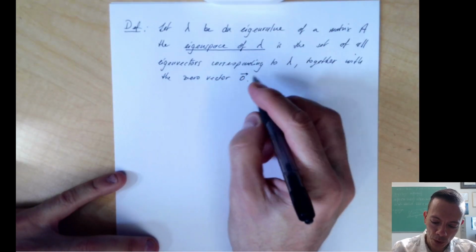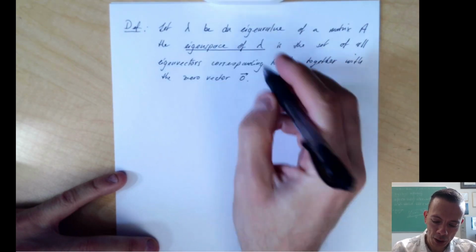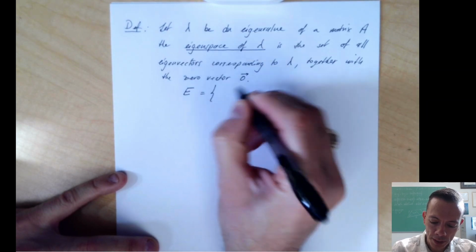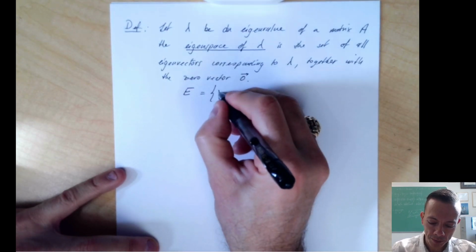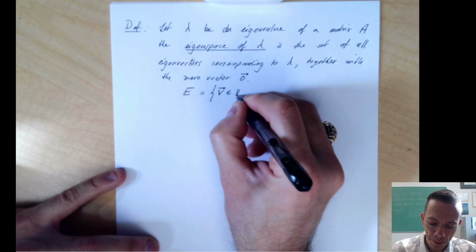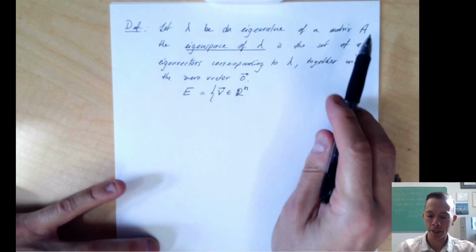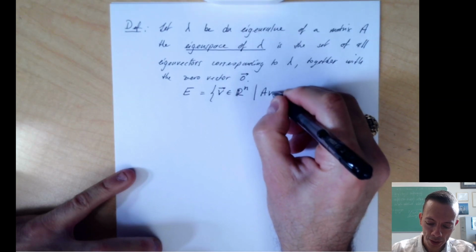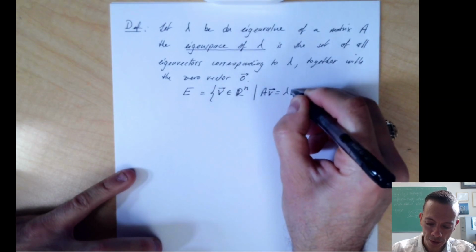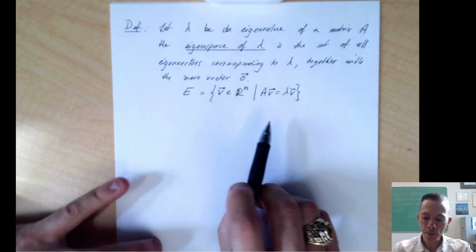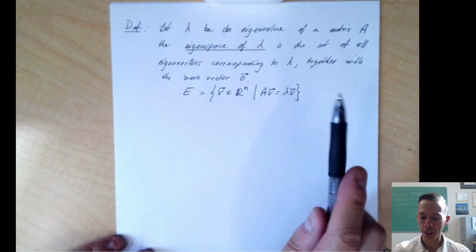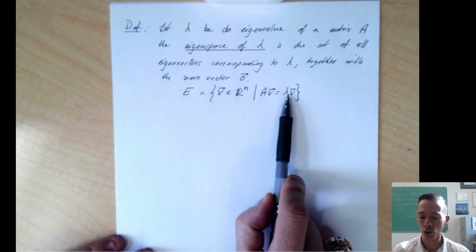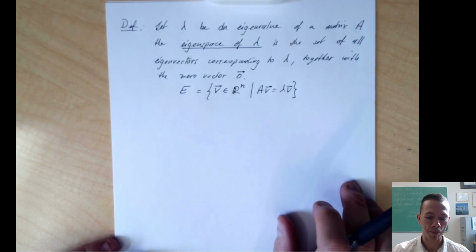But mathematically, the way you would write the eigenspace, if you write it as capital E, it's the set of all the vectors in R^n, if A is an n by n matrix, such that Av equals lambda v, which is just the definition of what it means for v to be an eigenvector of A with corresponding eigenvalue lambda.